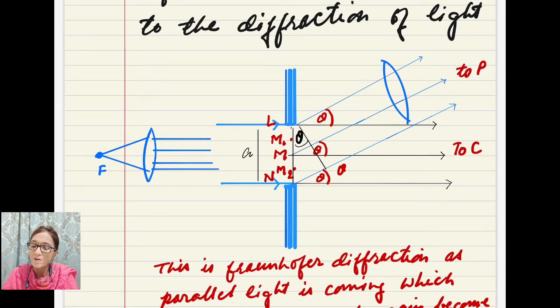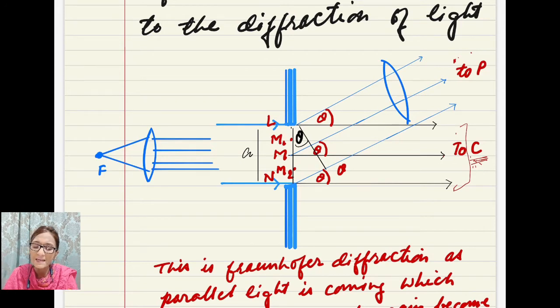And for finding your intensity pattern, intensity changes, let me take a point somewhere here. I have taken a point, and this is your central most point C. Here the rays will come in phase. Therefore, you have a bright maximum at the central most point. So you took two points, one central point and a point P above it.